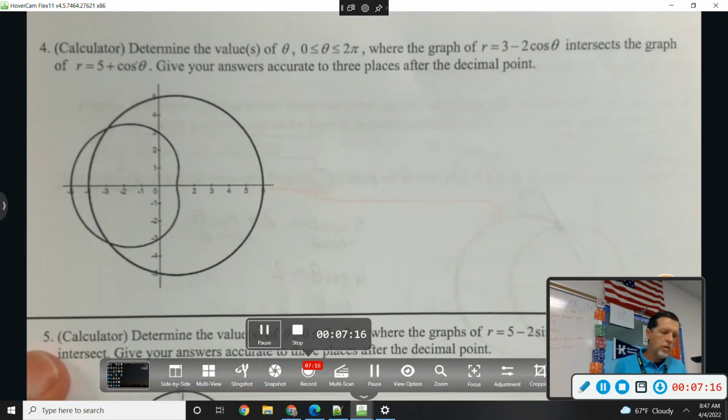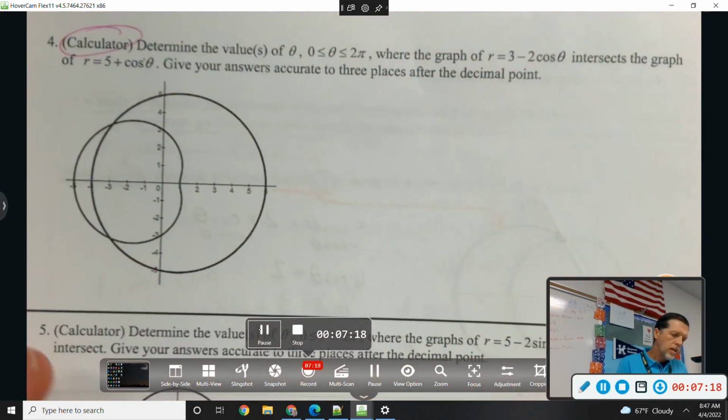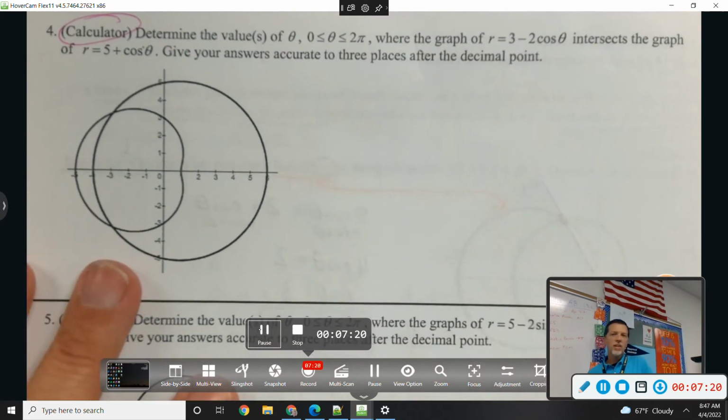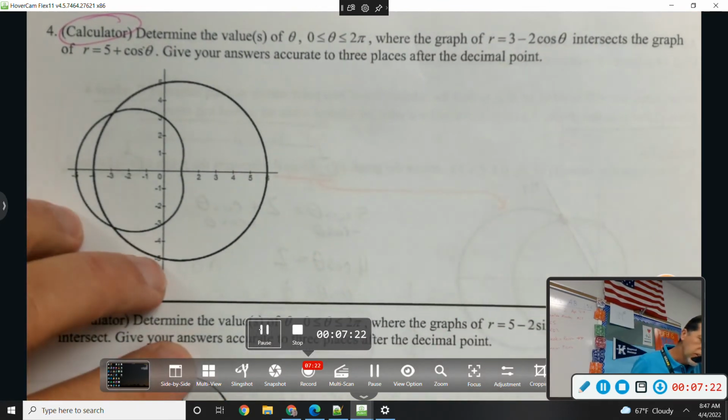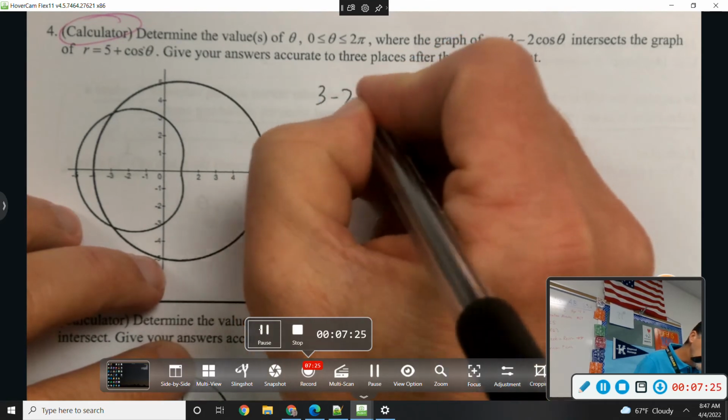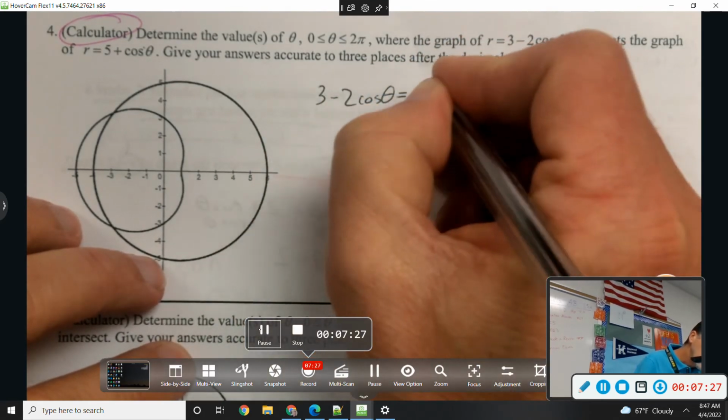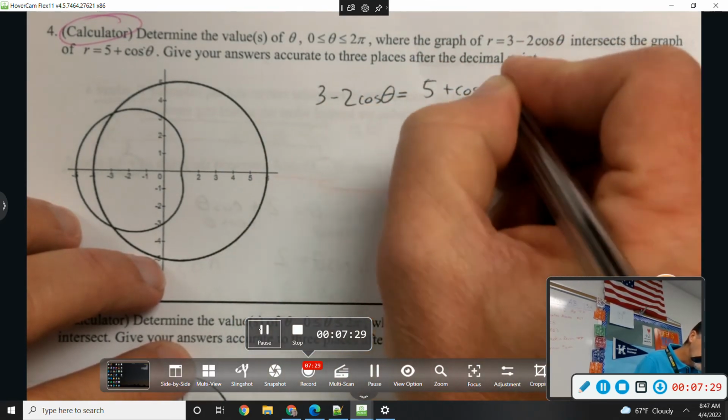Back page, calculator. Same process. So set the r's equal to each other. 3 minus 2 cosine theta equals 5 plus cosine theta.